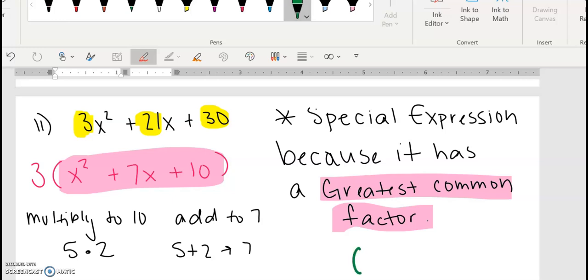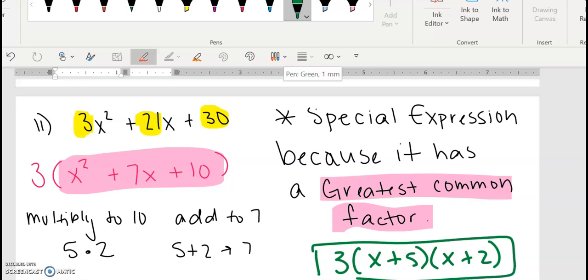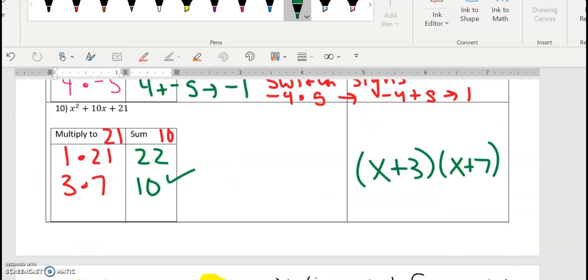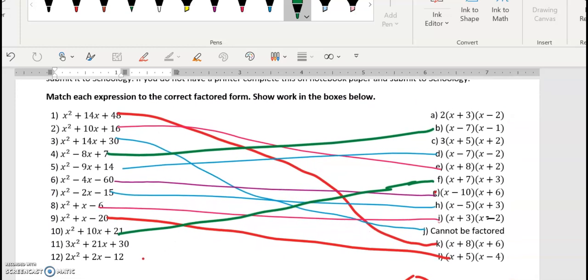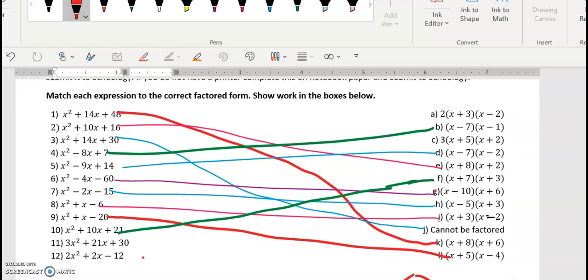So I'm going to put those factors in parentheses, x plus 5, x plus 2, and I'm not going to forget the 3 out front. The GCF of 3 is still in the factored form. Let's see if we can match that. X plus 5, x plus 2 with the greatest common factor of 3 in the front.